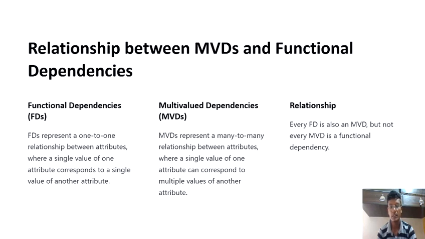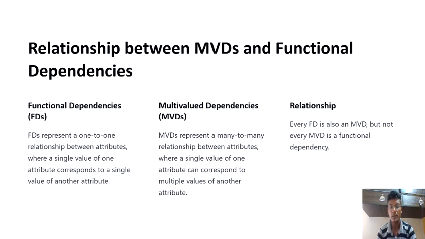Relationship between the MVDs and the functional dependencies. What are functional dependencies? Functional dependencies represent a one-to-one relationship between attributes, where a single value of an attribute corresponds to a single value of another attribute. Means it's one-to-one. It is known as functional dependency. Next one is multi-value dependencies.